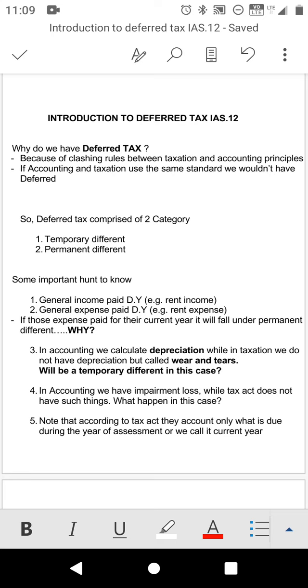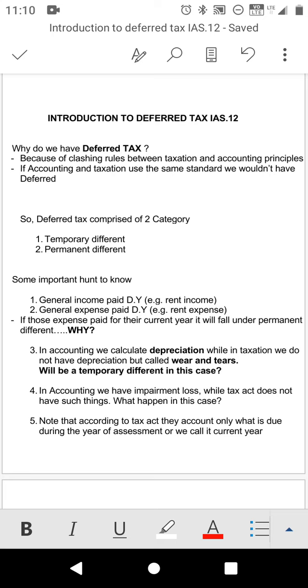For example, in accounting, we can have a building which we estimated that the depreciation will be 10 years, but in terms of the taxation act, they can use 20 years to calculate wear and tear, which means that these two expenses will not be the same amount. Simply put, there will be a rise of temporary difference, which we have to account for. This is what we call deferred tax.